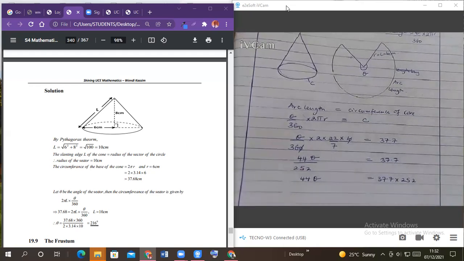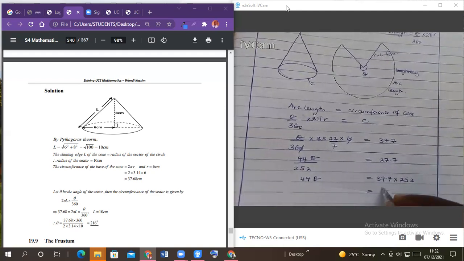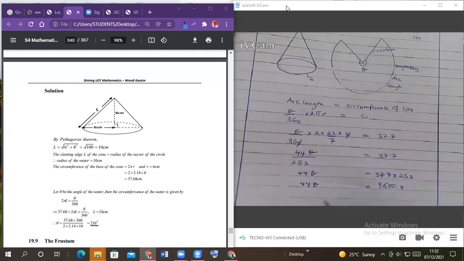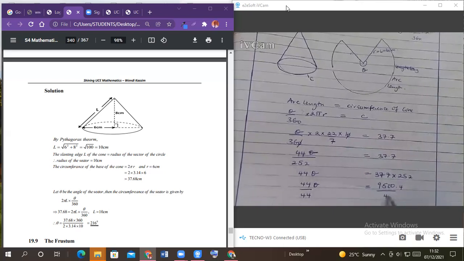Okay. So 37.7 times 252, you get 9,500.4 equals 44 theta. So from there we can divide by 44 on both sides.